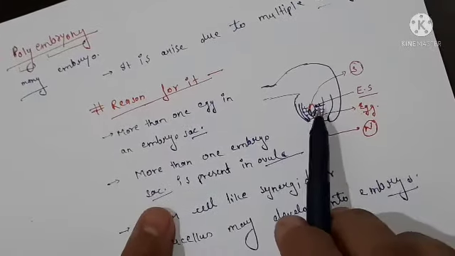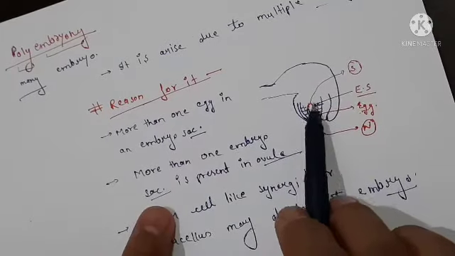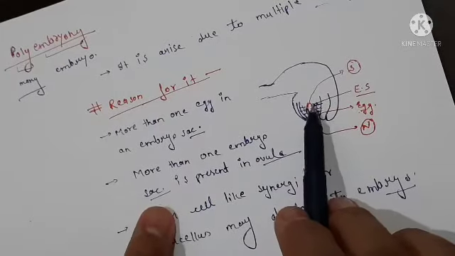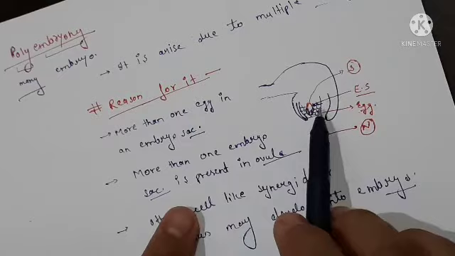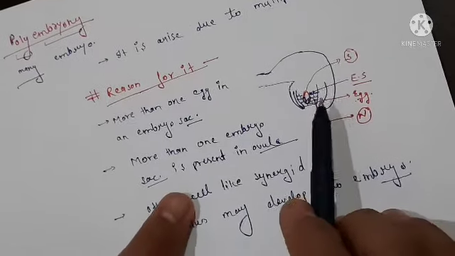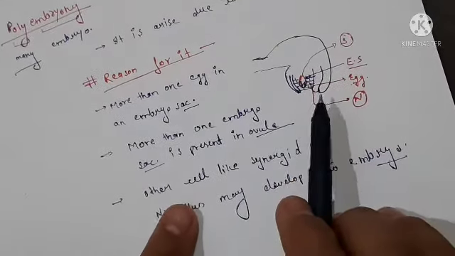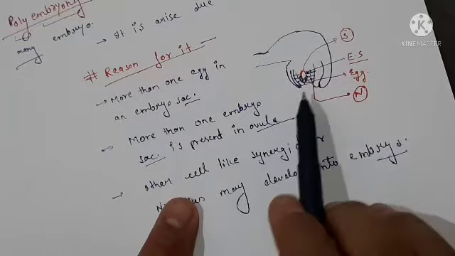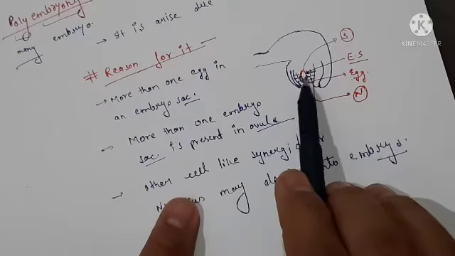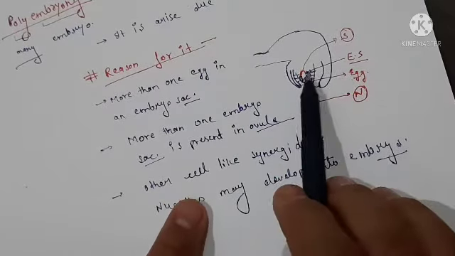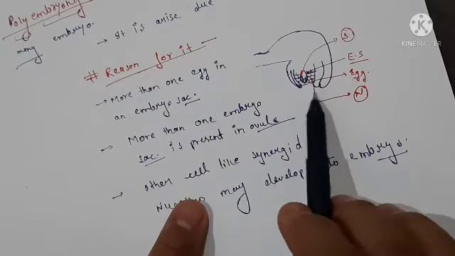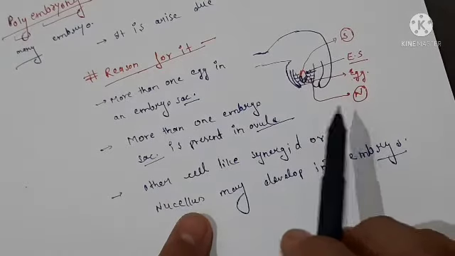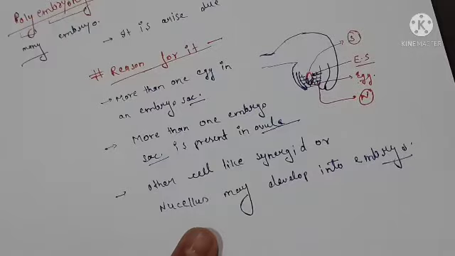The second point is more than one embryo sac, the red part, present in the ovule, which leads to polyembryony. The third reason is other cells like synergid and cells from the nucellus, which may develop into an embryo. So those are the reasons for polyembryony.